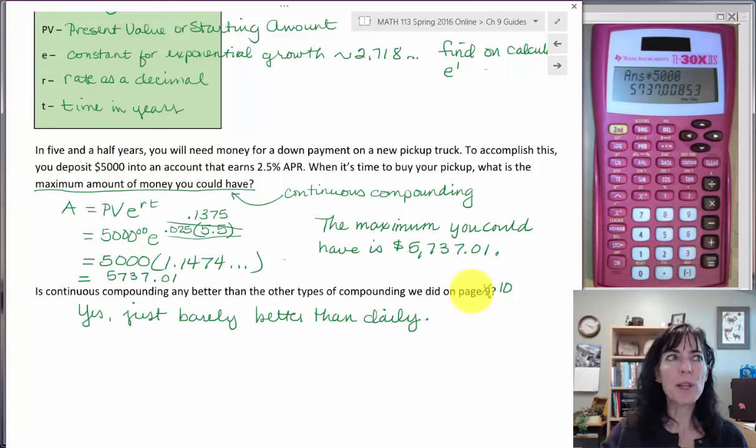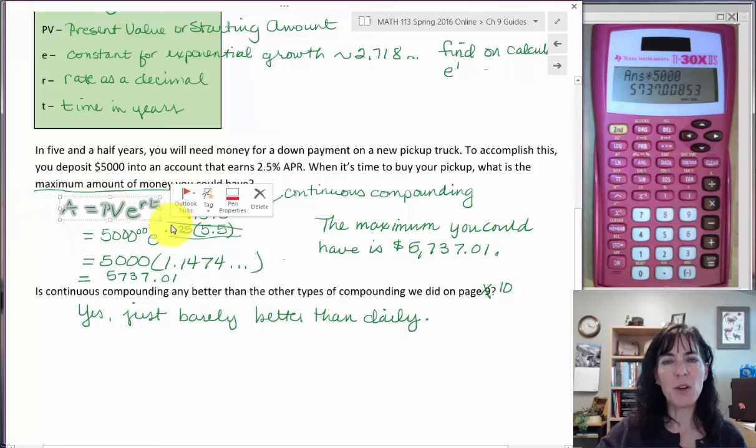It just suddenly reverts to this formula here that we call the PERT formula, because if you leave off that V, it's P-E-R-T. So this PERT formula is going to give you the best result. It comes very, very close to this value. So we use that formula to find out this is the maximum that you could get with any type of compounding. And so that's our answer here. And it does give you just barely better than daily compounding.